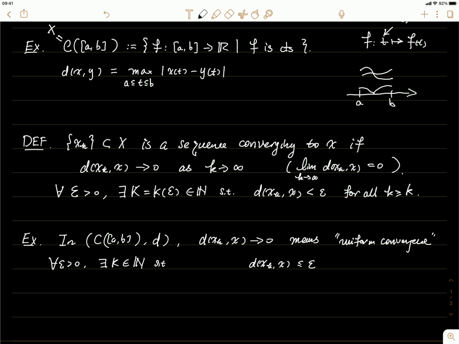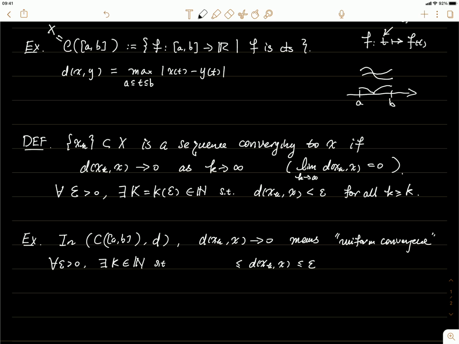And this d is defined to be the maximum value of such a thing. So for any point t, it doesn't matter which point it is from this interval, it's going to be less than or equal to this value, since this is the distance taking the maximum of that.